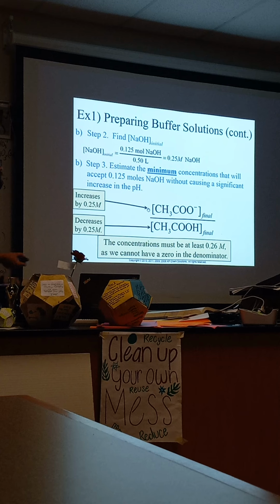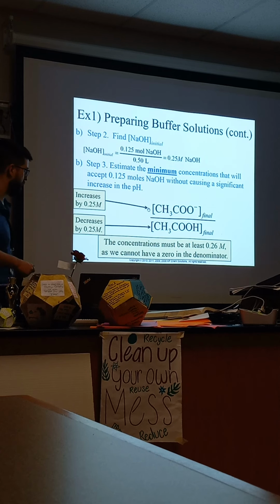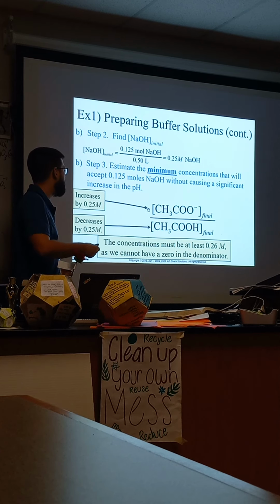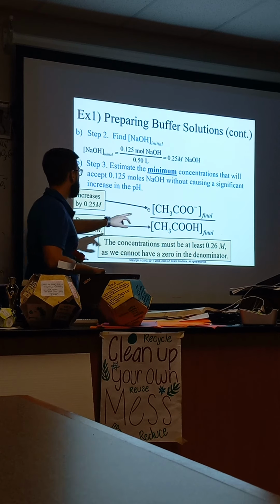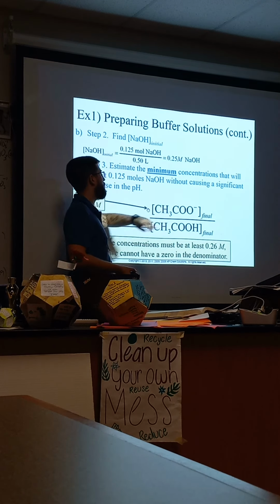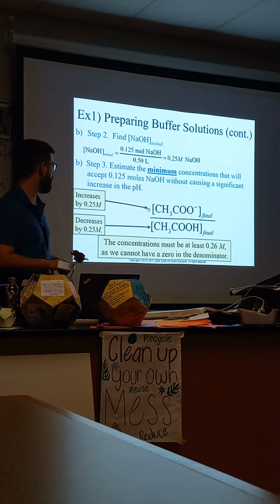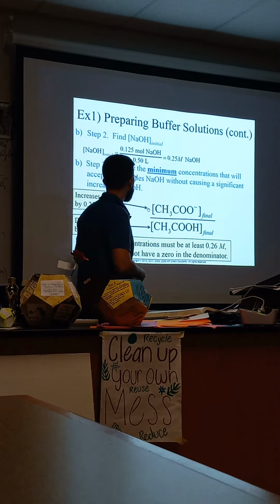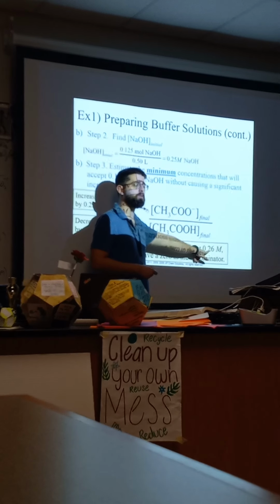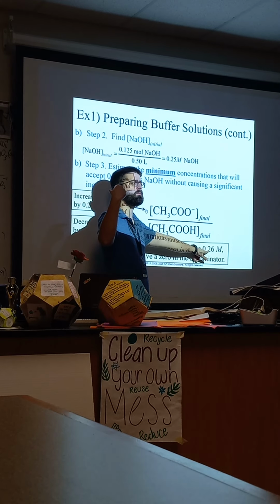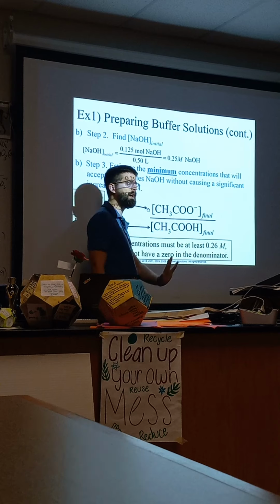So we will plug in 0.25 for both of these, but we actually need to survive this, so instead of 0.25, what am I going to use? 0.26, because we actually have to survive it.